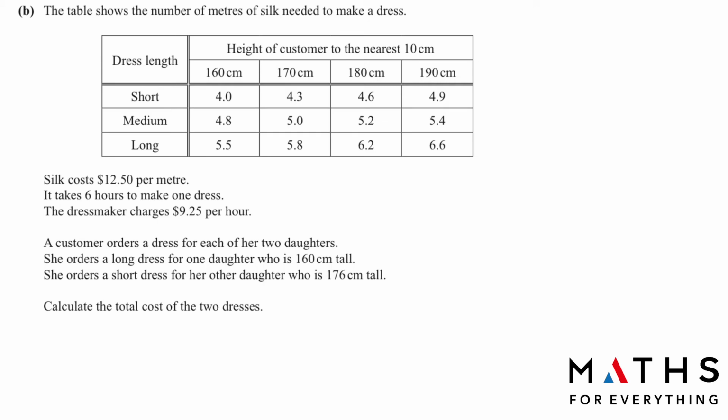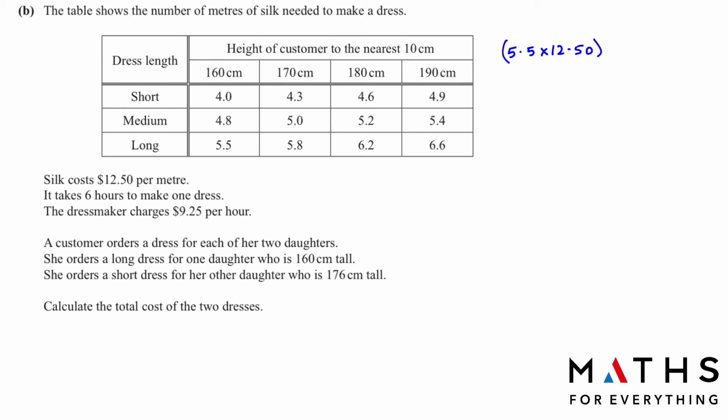Let's first find the cost of the long dress for one daughter who is 160 centimeter tall. So long dress, we will need 5.5, and the cost is 12.5 per meter.